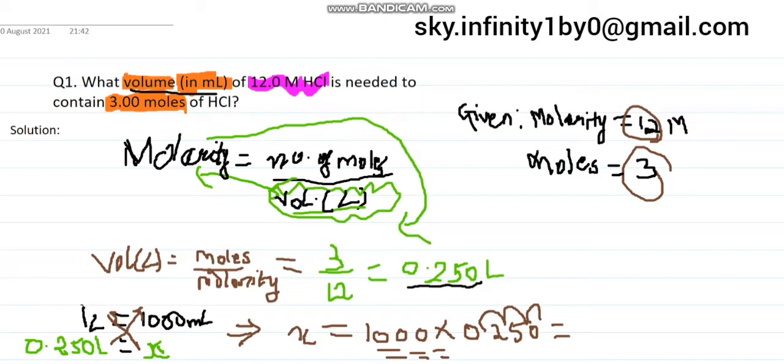And the final answer we get is 250 ml. So the final solution will be the volume of 0.250 liter after conversion is 250 ml. And that is the question which we had to answer.